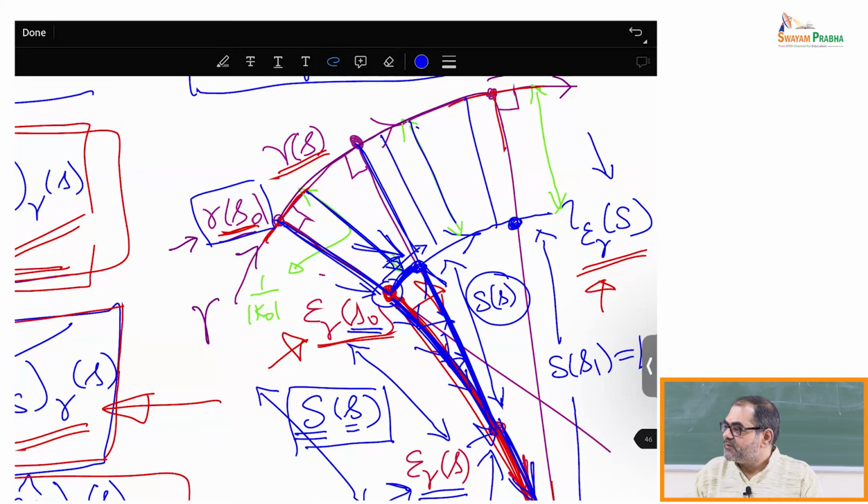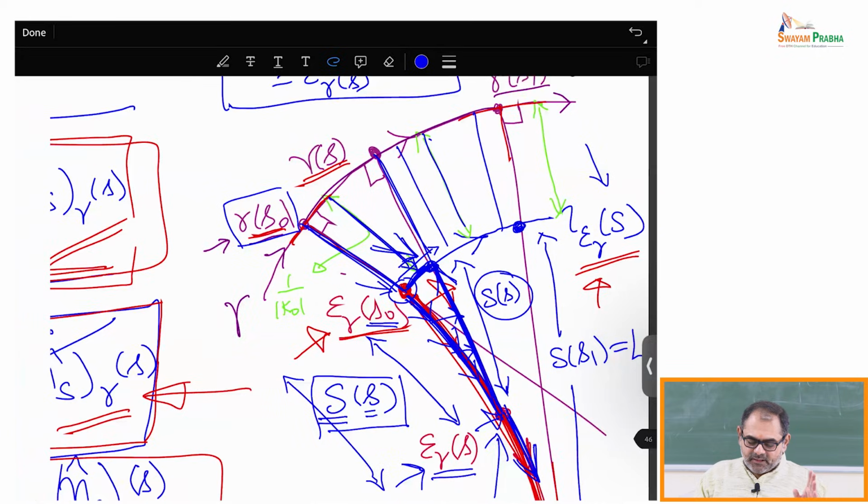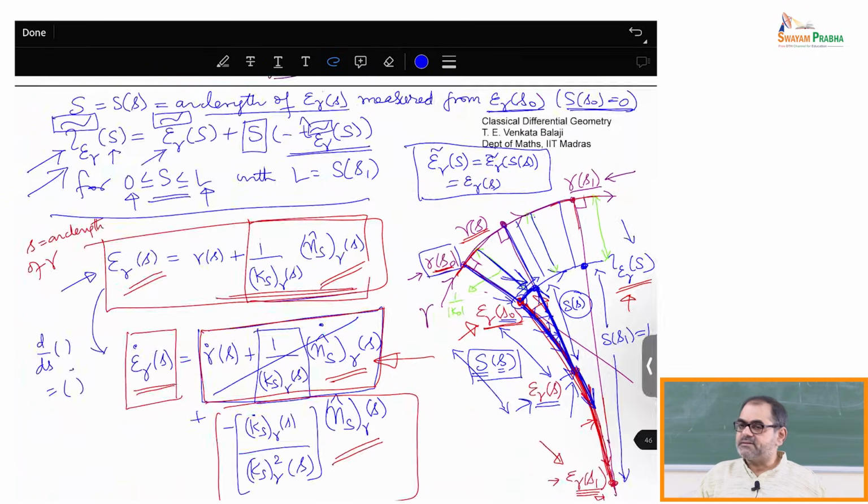So you see, this curve, the involute, is just parallel to the original gamma by this distance. So it's a parallel curve. It's somewhat messy, but you can write it down. All right, but then there is an issue.